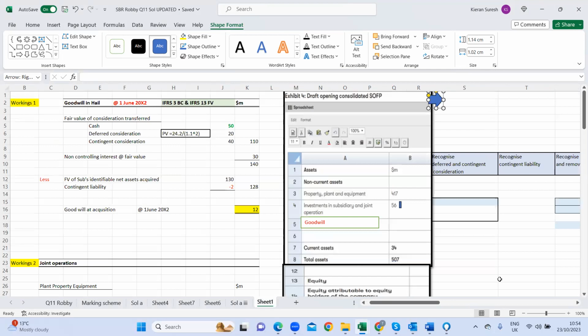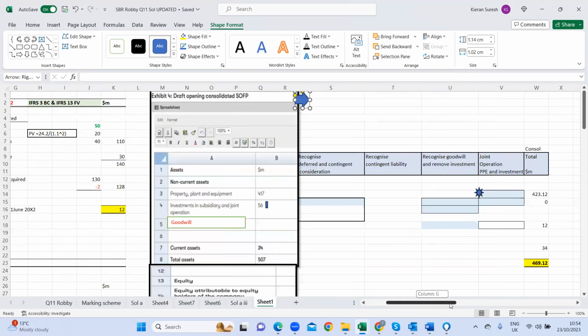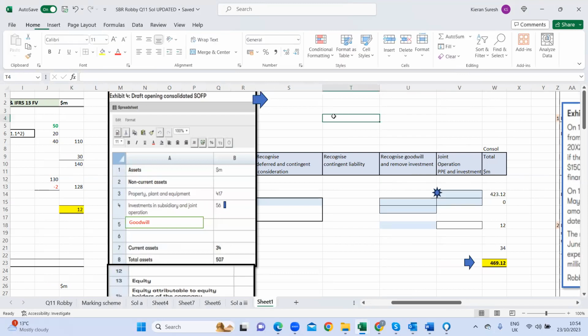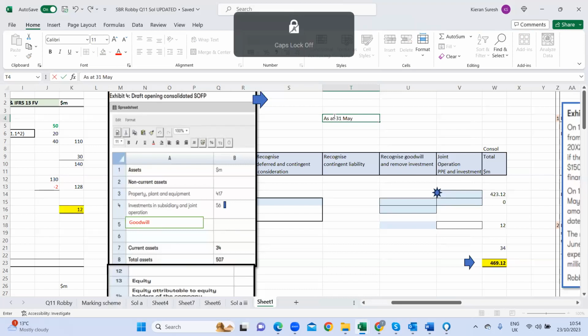So this spreadsheet, this balance sheet, is my statement of financial position as at 31st May 2013. This is what I'm going to prepare now.